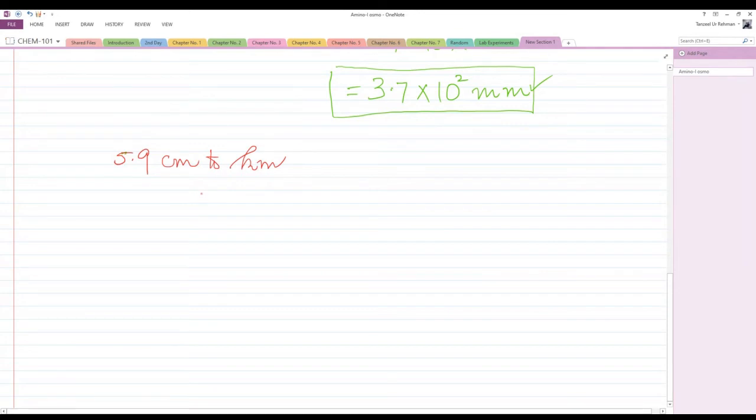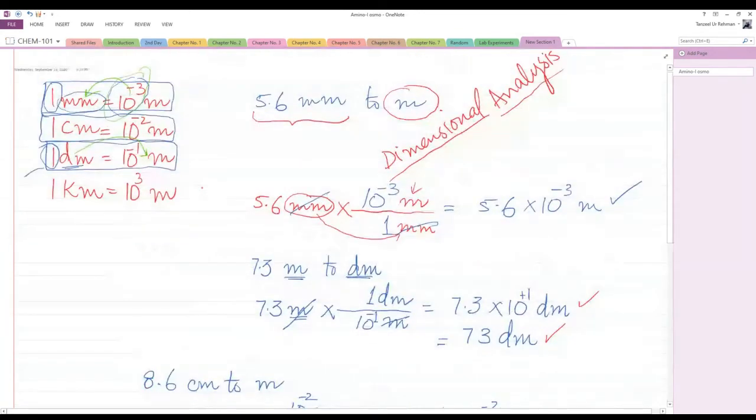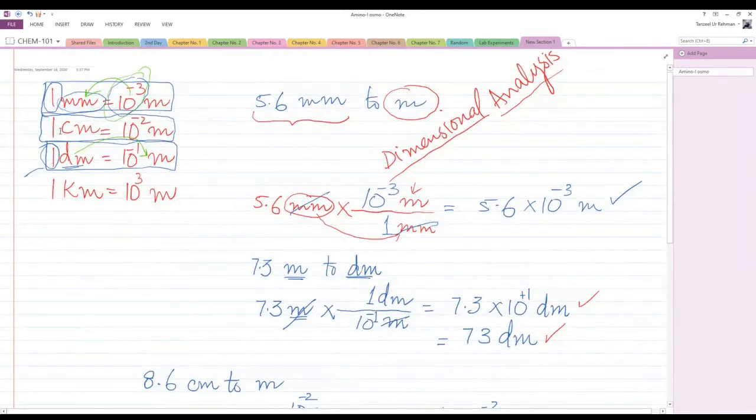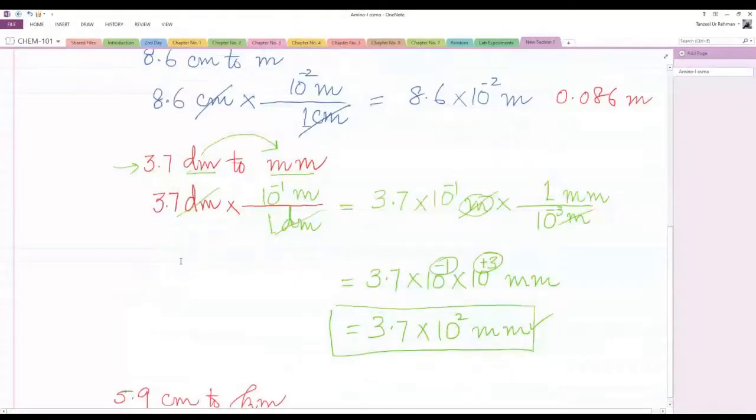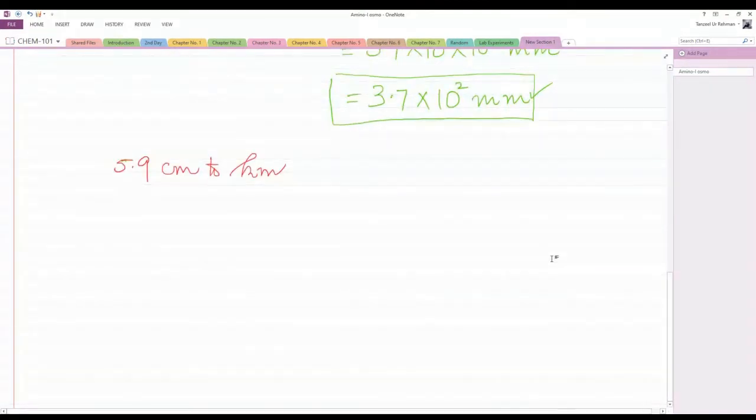Okay, how will you change? Do we have centimeter to kilometer? No. I think you have to change the centimeter to a meter. After that, meter to kilometer. Very good, excellent. So it means here we shall use again 2 steps.